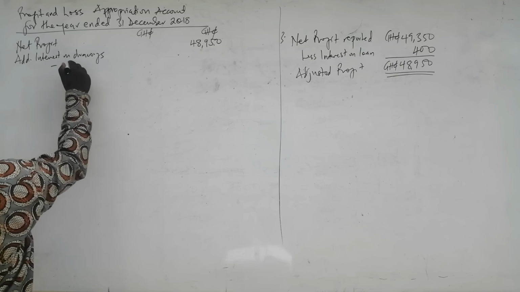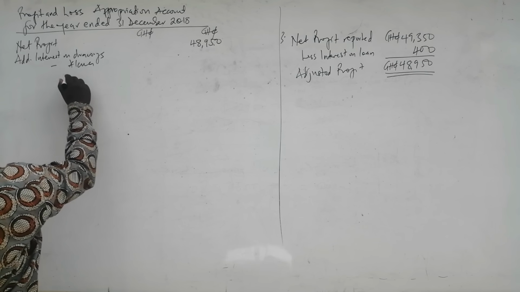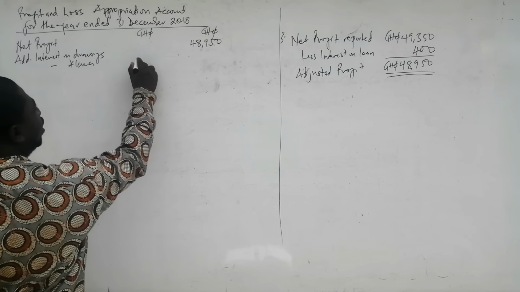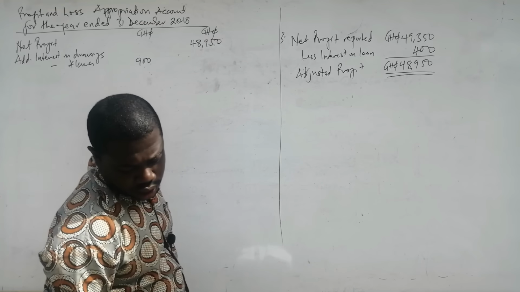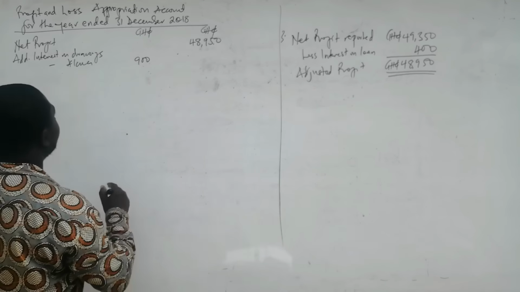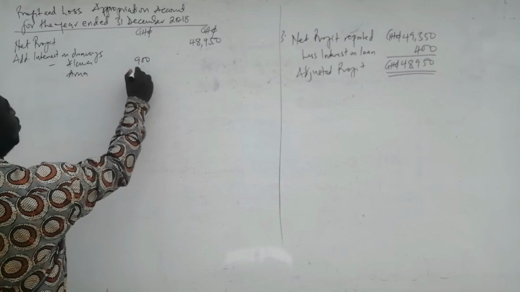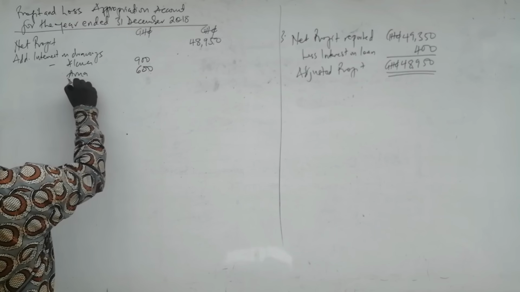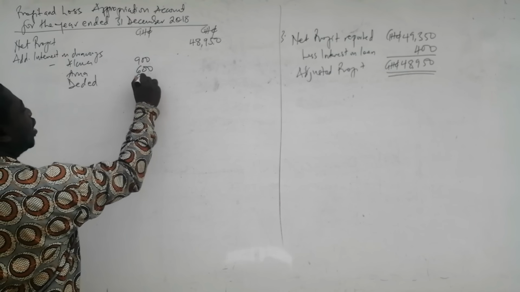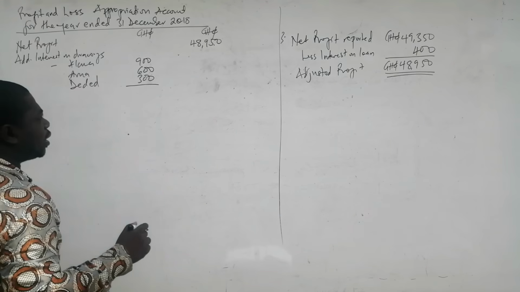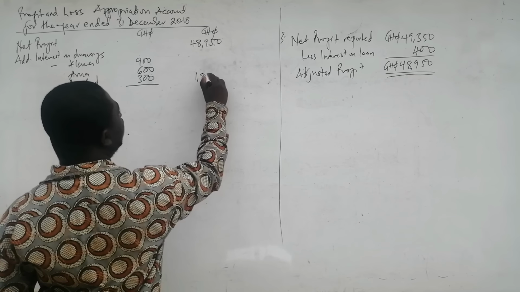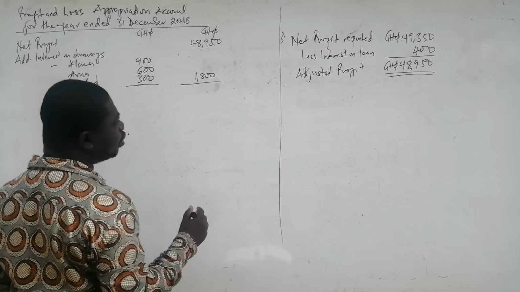Now with the interest on drawings, we have that for Equia to be 900, and then that of Ama to be 600, and that of Dede to be 300. So when we add that up, we have 1,800 for the interest on drawings.